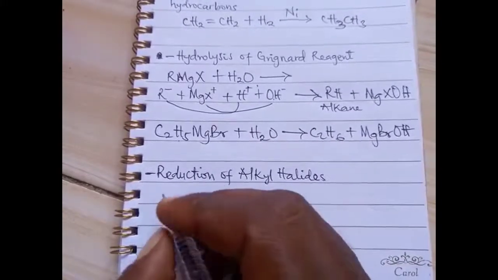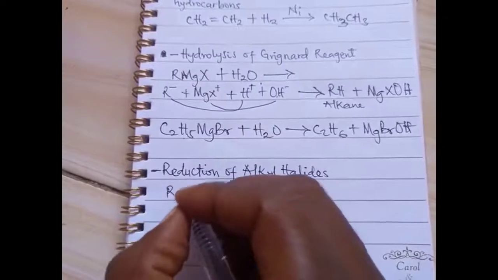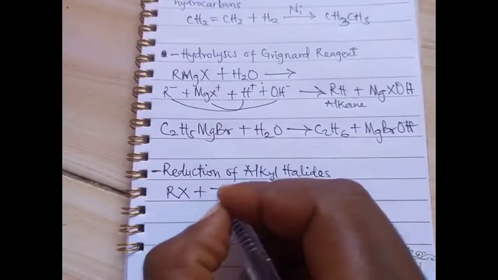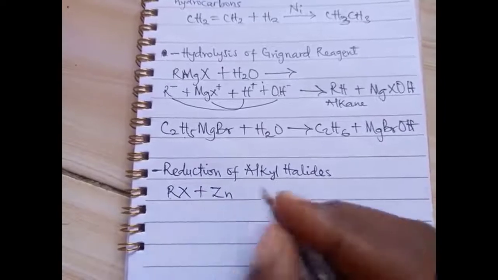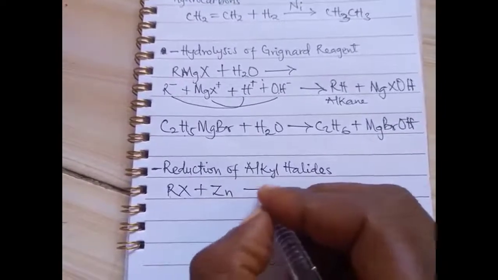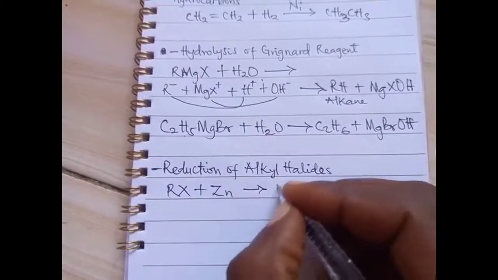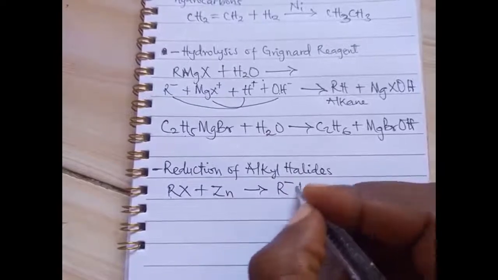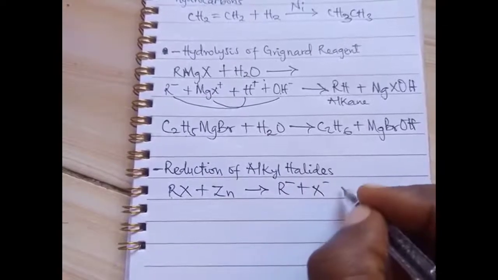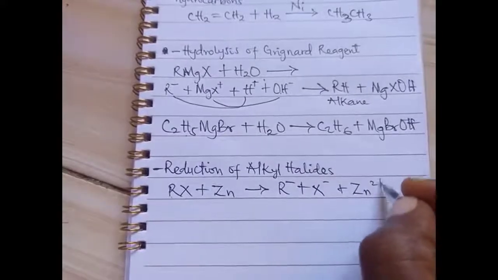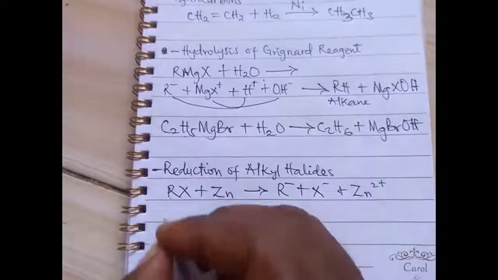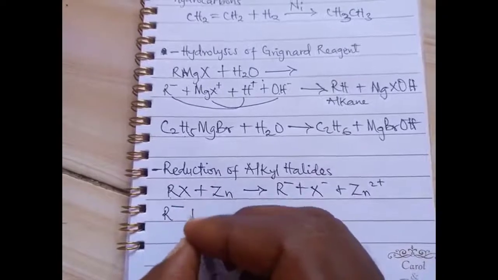What we mean by that is, for example, if we have this plus zinc alkyl halide, it will split, we'll have R minus plus X minus, then we'll now have zinc 2 plus.